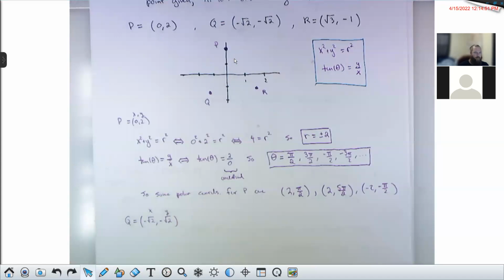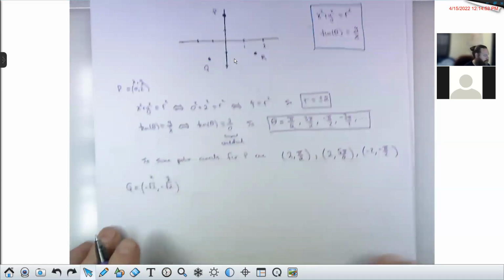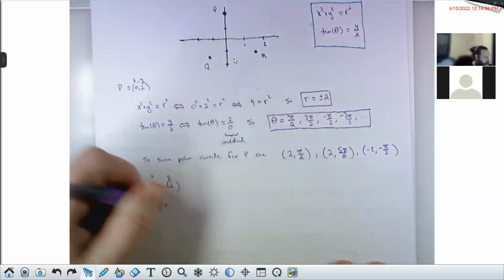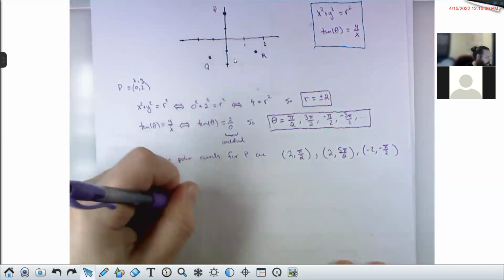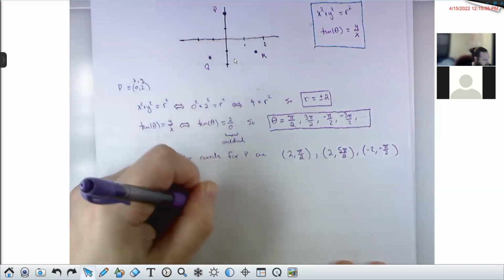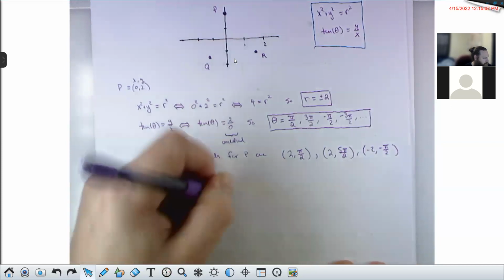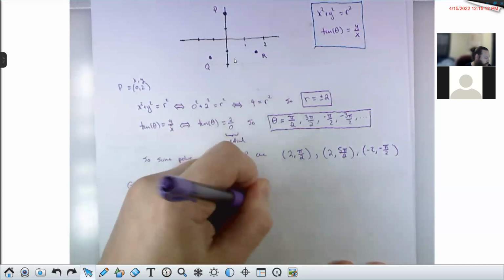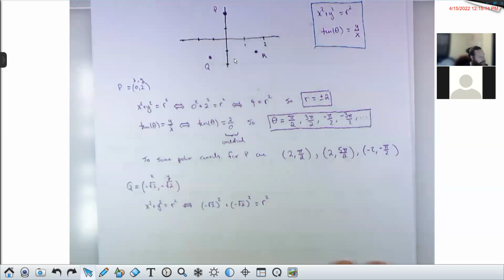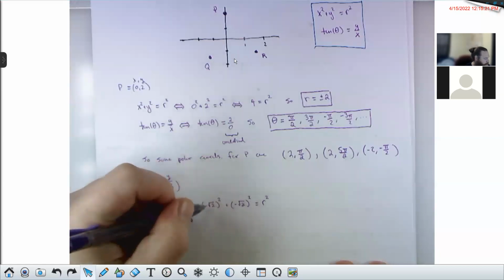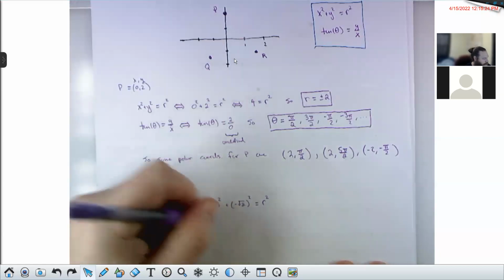All right, we're going to move to Q. Same sort of thing. X squared plus y squared equals r squared will get us r. So I plug in the x and the y. That's negative square root of 2 squared plus negative square root of 2 squared equals r squared, which is the same as, if you square negative root 2, you just get 2.